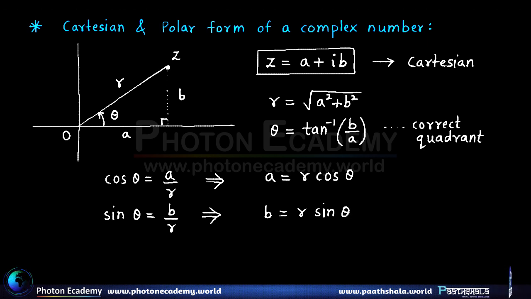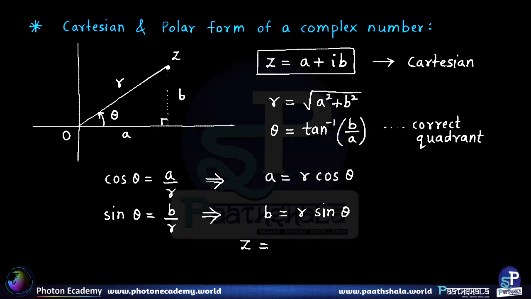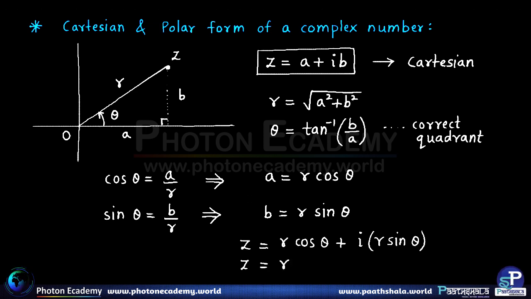So therefore if we rewrite the complex number Z, now Z was A plus iB, so therefore in place of A, we write R cos theta, and in place of B we write R sine theta, and hence finally we can take R common, and in the bracket we have cos theta plus i sine theta.